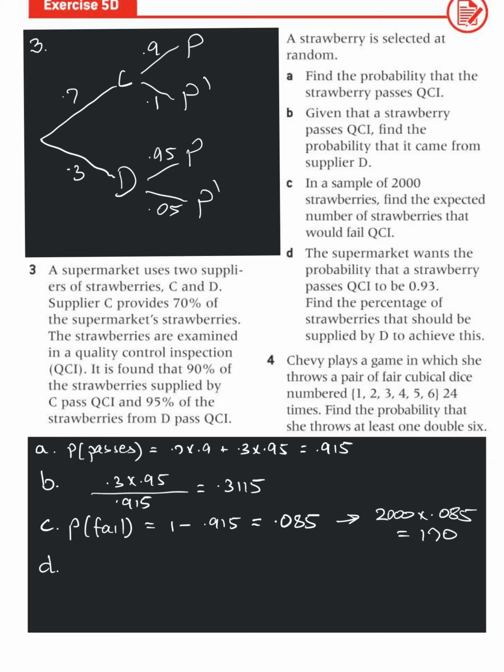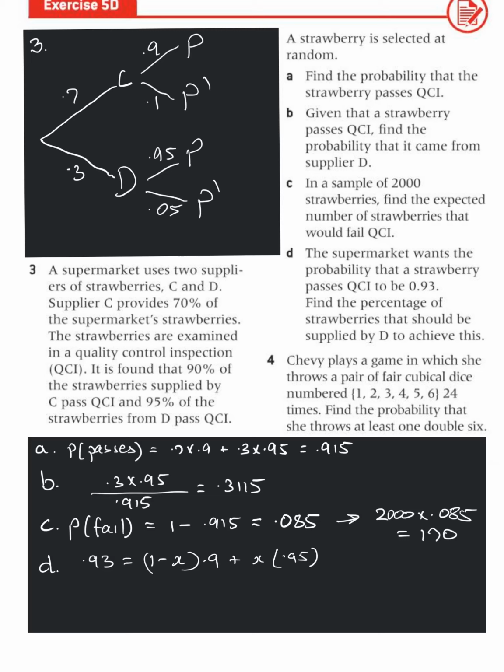Okay, now the new number is 0.93, so we'll put that as 0.93 equals. We'll put this as x, so if that's x, this is going to be 1 minus x. They have to add up to 1. So that's 1 minus x times 0.9 plus x times 0.95.